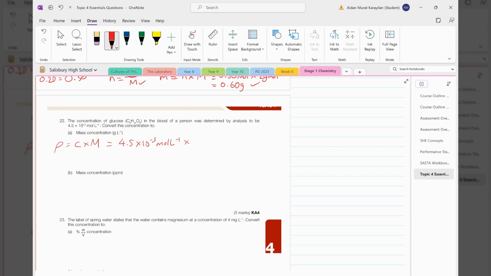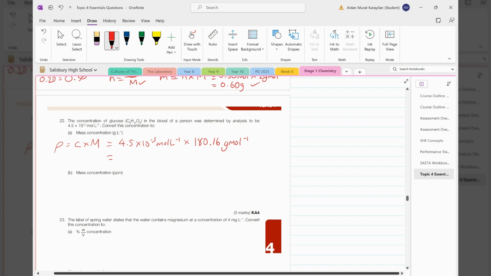Now we can work this out by just timesing the molar mass of carbon by 6, the molar mass of hydrogen by 12, and the molar mass of oxygen by 6. But I am just going to Google it so that it doesn't take as long. Molar mass of glucose is 180.16 grams per mole. So I do encourage you to work it out though.